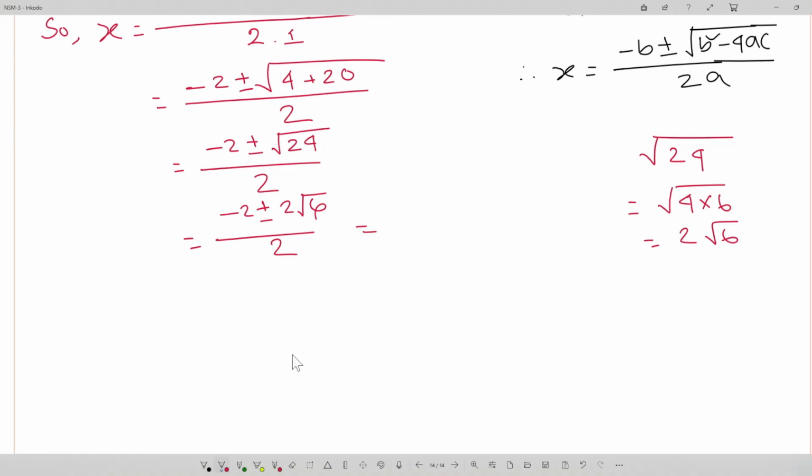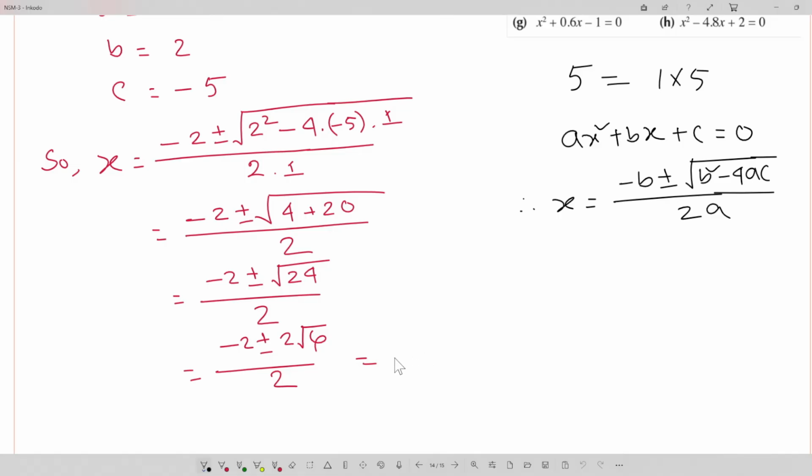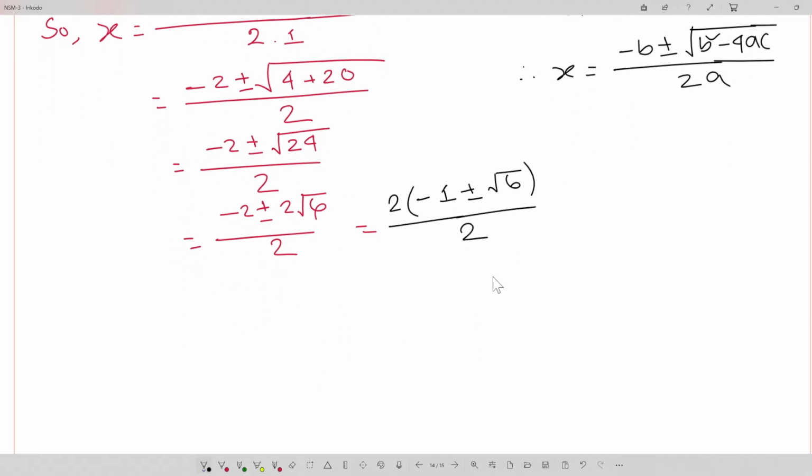Now from here we can take common 2, so here is minus 1 and then plus minus root 6, then 2 and 2 cancel out, it will be minus 1 plus minus root 6.